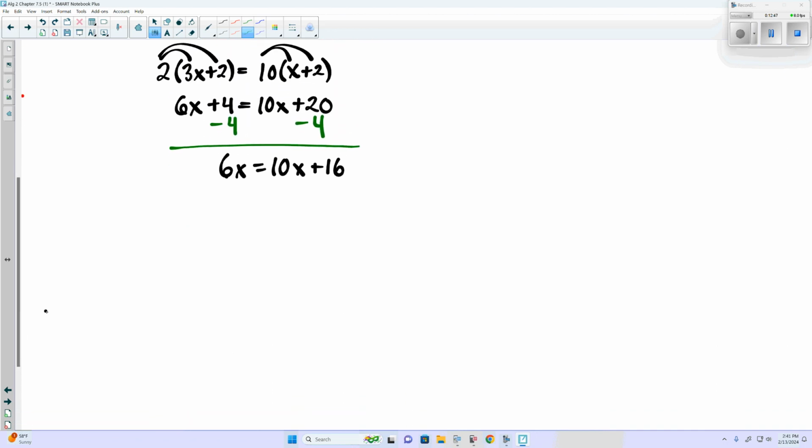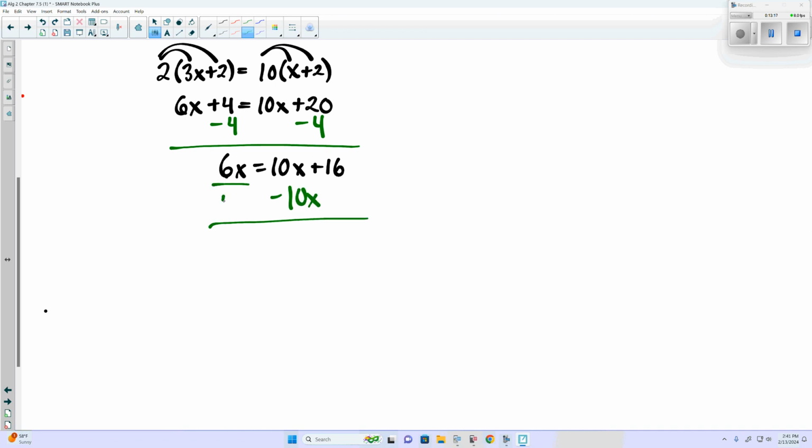What can we do next? We can divide by 6, but I would do something else first. Because if we divide by 6 at this point, we would divide the 10 by 6 and the 16 by 6. So I would wait to get all the x's by themselves first.